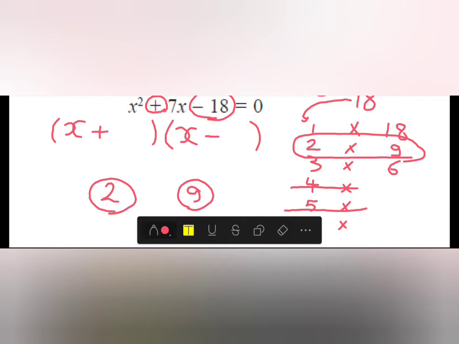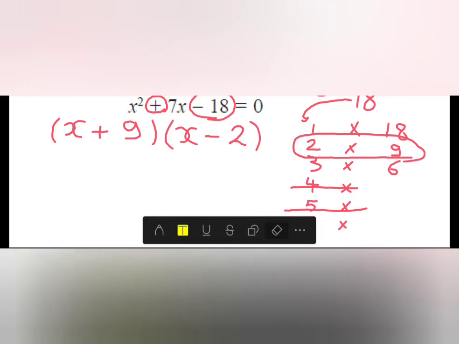So the positive must be the sign of the bigger number. So which one is the bigger one? Is it 9 or 2? Very good. It's 9. So I'm going to put 9 in the place of the positive sign. So 9 is here and 2 is here. And in this way, I factorized the quadratic equation by putting two brackets next to each other.